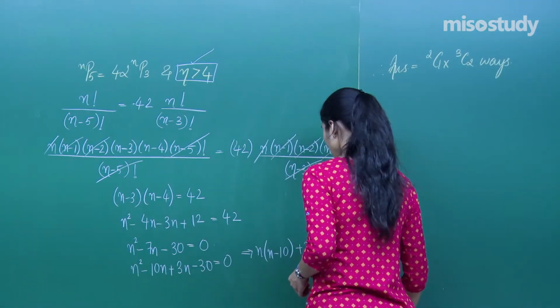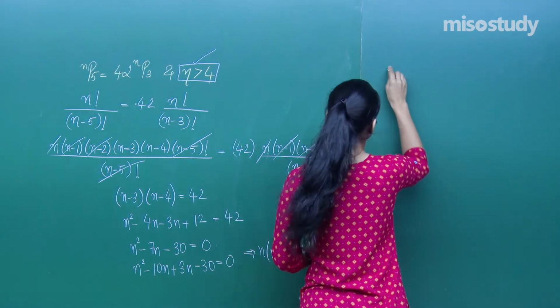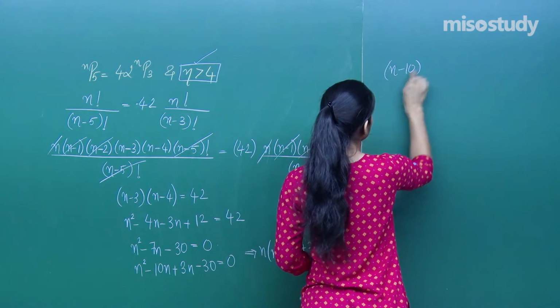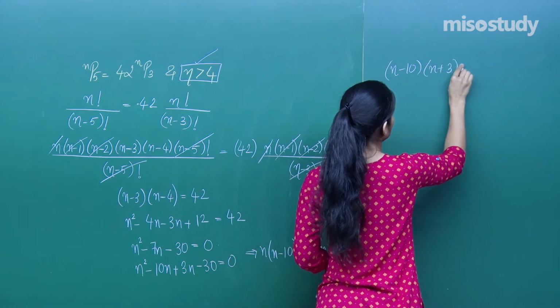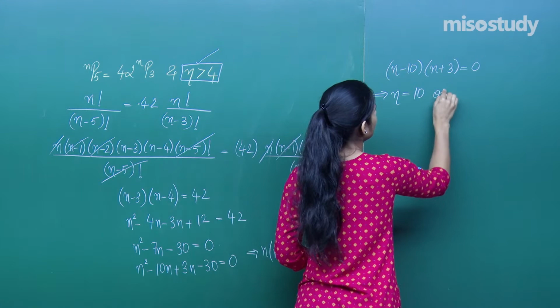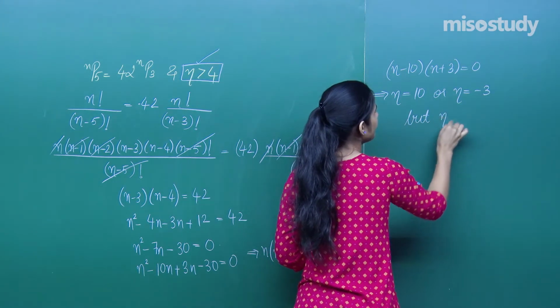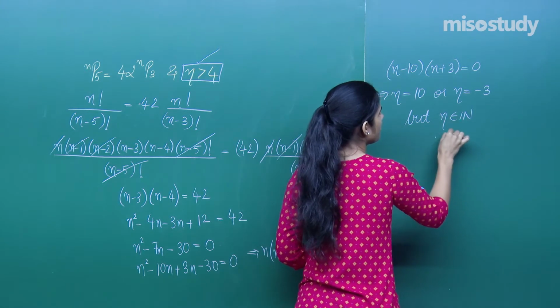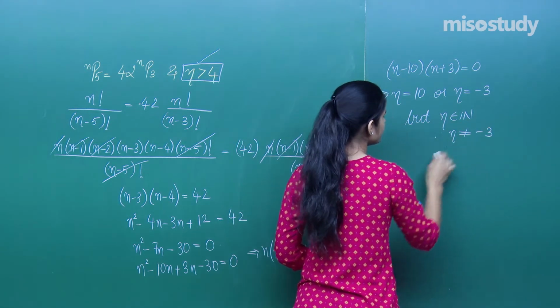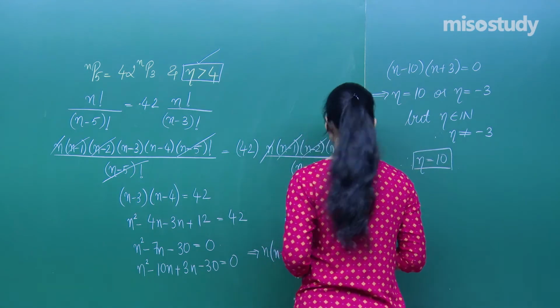This gives you what? n minus 10 and n plus 3, which implies your n is 10 or n is minus 3. But you know n is a natural number. Therefore, n cannot be equal to minus 3 and therefore n is finally equal to 10.